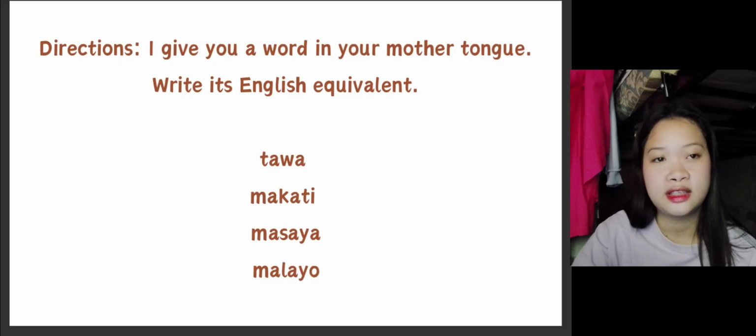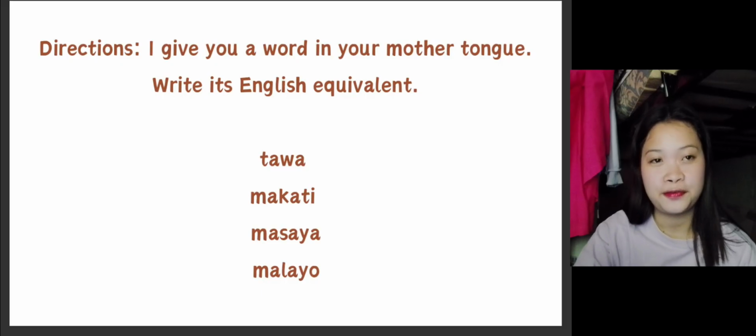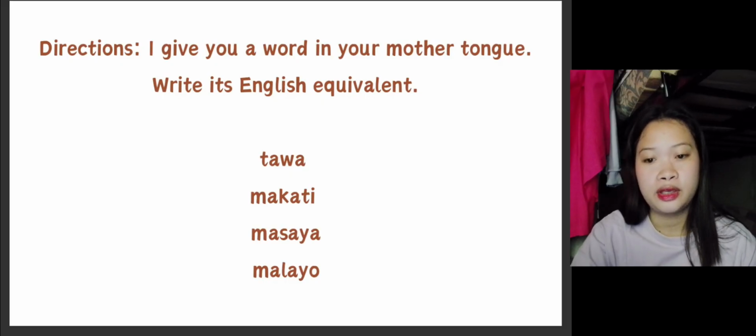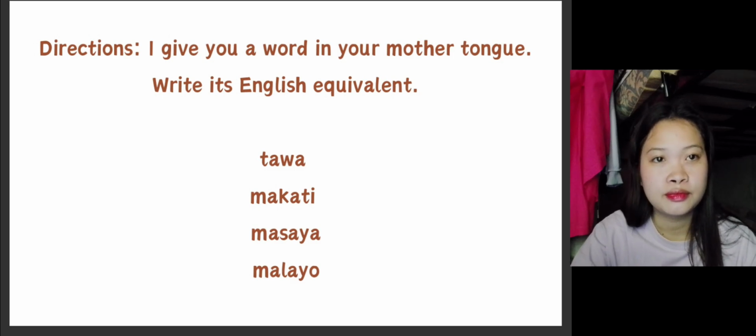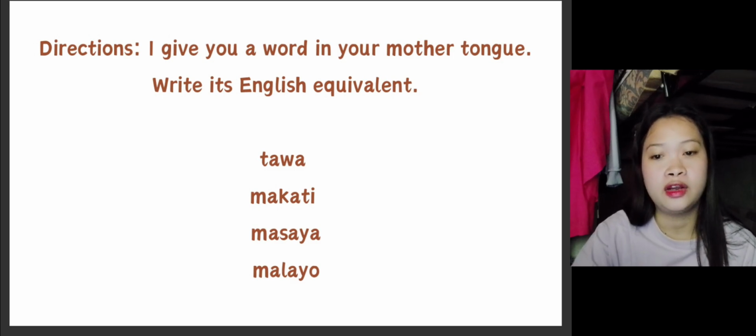So may English equivalent sa tawa. Okay, laugh. So sa Makati, ang example diri kay Tagalog, pero wala siyang gigamit nga example. Okay, unsa ang English equivalent sa Makati? Okay, itchy. Sa malayo. Okay, far. So mao na siya mother tongue equivalence.